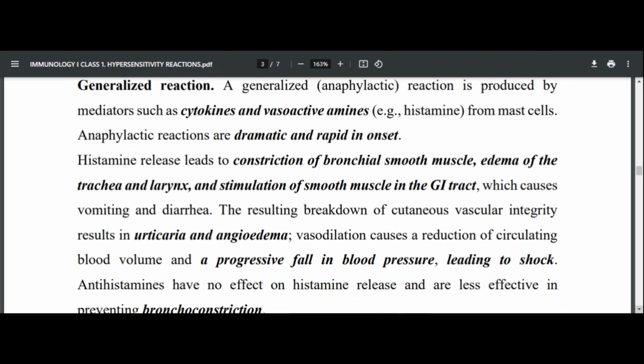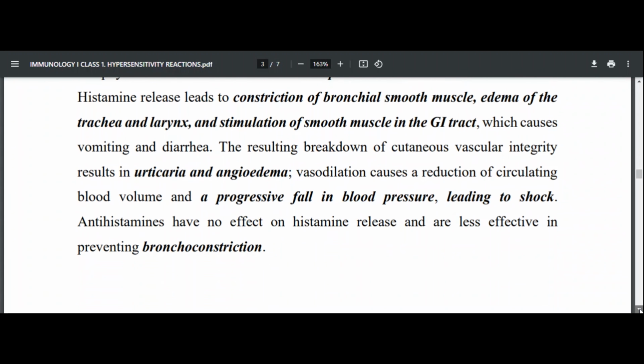So these are the effects of anaphylactic reaction, which is actually produced just from a simple atopic reaction or atopy. And antihistamines have no effect on histamine release, and they are less effective in preventing bronchoconstriction in this case of anaphylactic reaction.